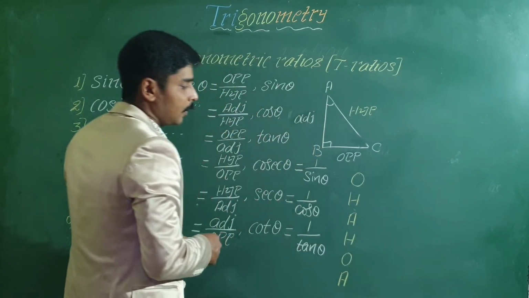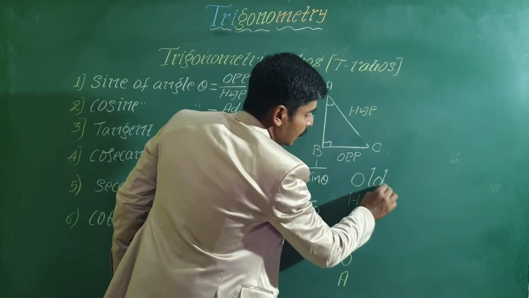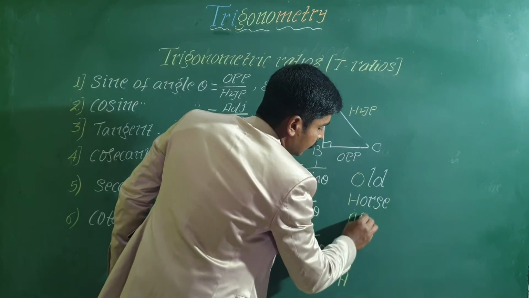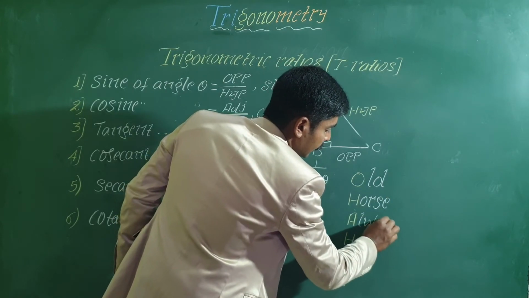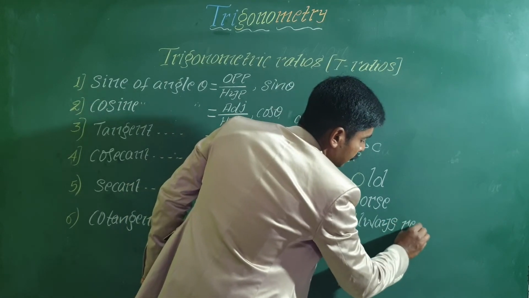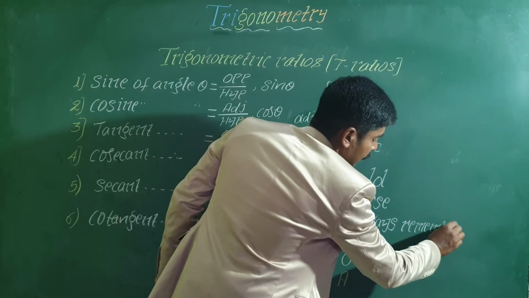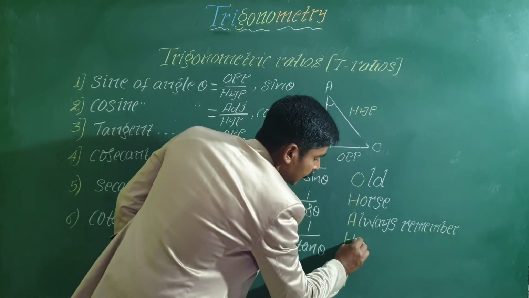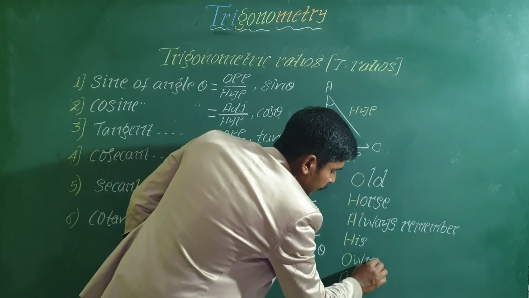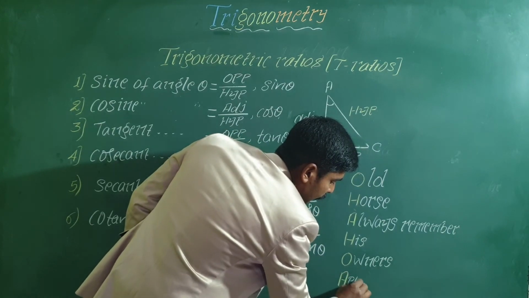Now, if you remember them in this order, then to write these ratios, you must remember them like this: Old Ors Always Remember His Owner's Approach.